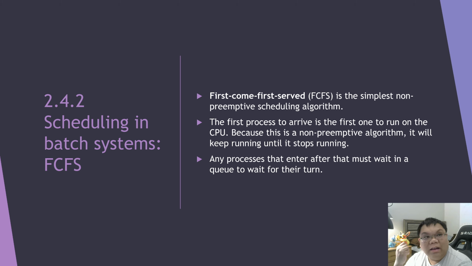Processes enter a queue, by the way. So imagine processes falling in line in a queue. We run the first job in the queue, then we run the next one after that, and the next one after that. Processes basically wait for their turn on the CPU.